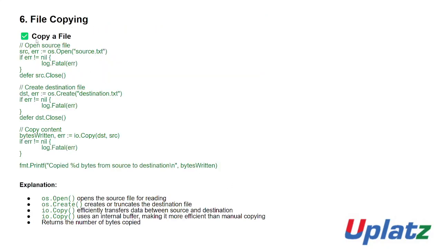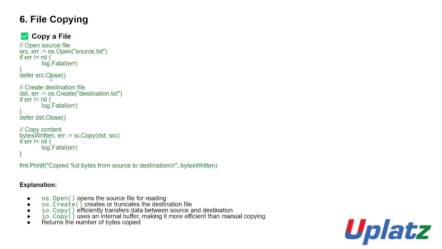File copy. Copy a file. Open source file. That is, src, err := os.Open("source.txt"). If err != nil, then log.Fatal(err).